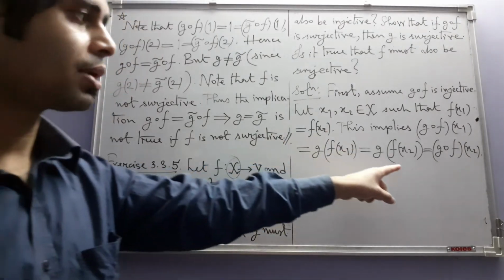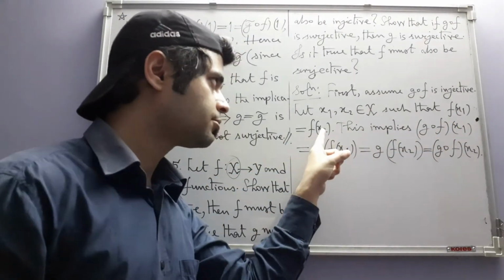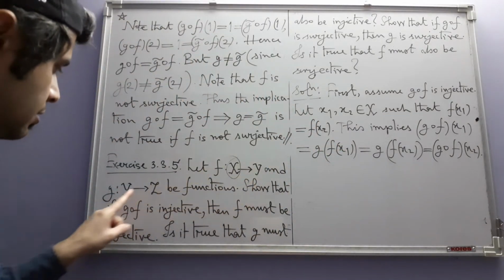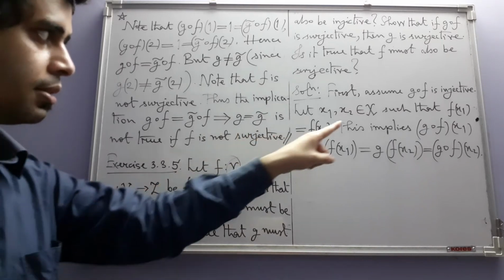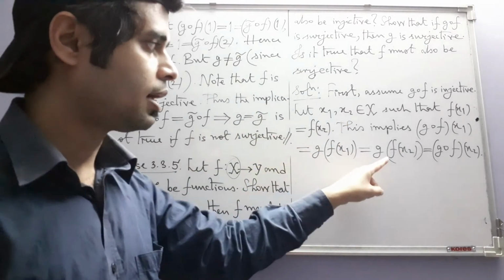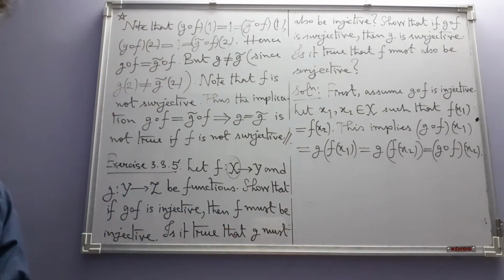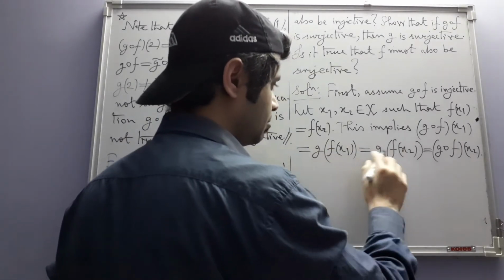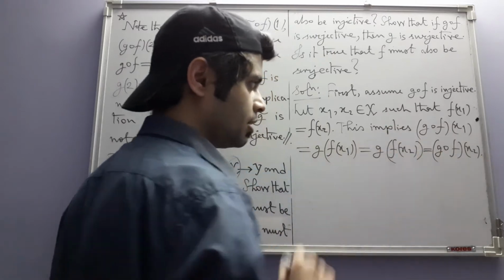How does this imply this? It's because f(x1) and f(x2) are two elements in Y, and G is a function with domain Y. So since they are equal, the G outputs should be equal, otherwise G will fail to be a function. So that's why we get this, and by the definition of composition we get this is equal to this and this is equal to this.